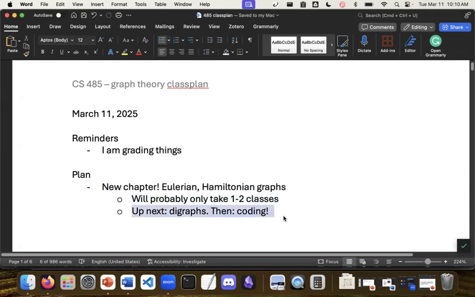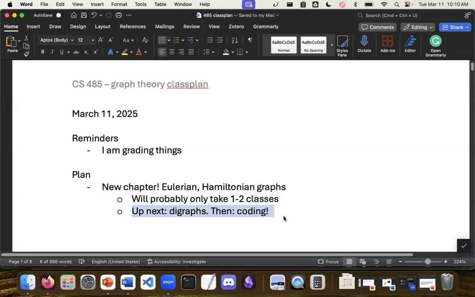The next unit will be digraphs, directed graphs. And after that, we'll look at coding, so actually representing graphs in code, how can we do that? And then my plan once we do that is to start to look at algorithms that we can use on graphs.